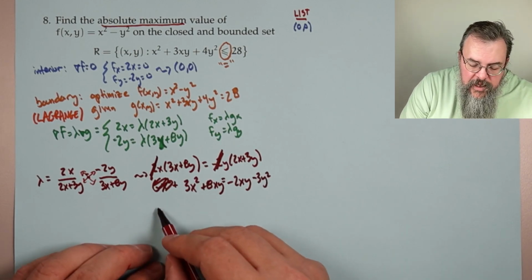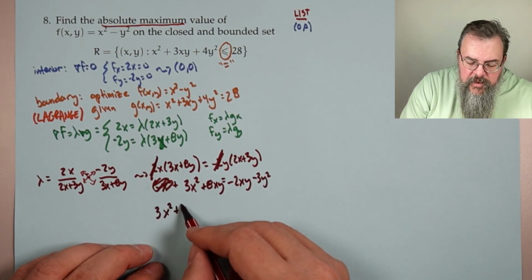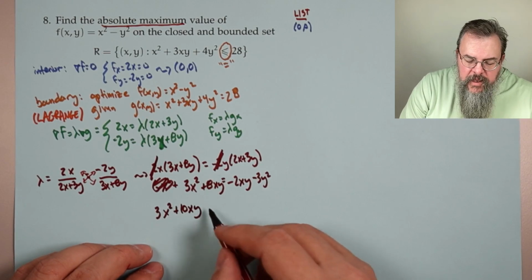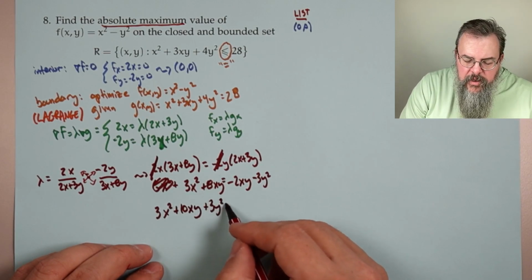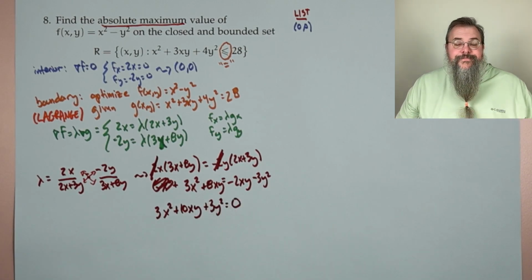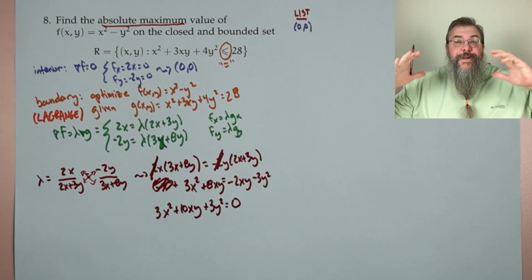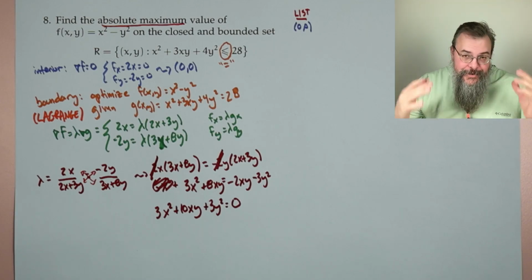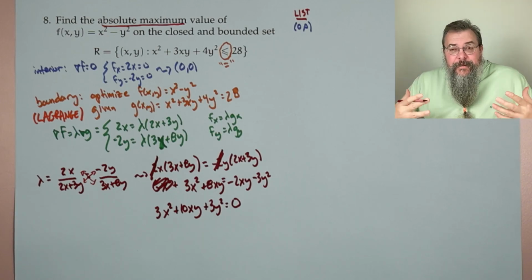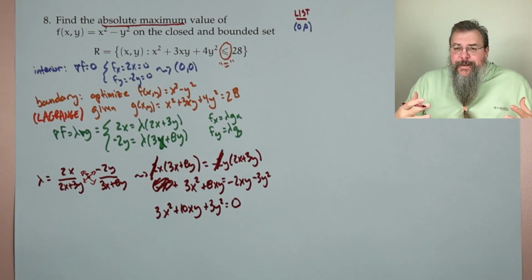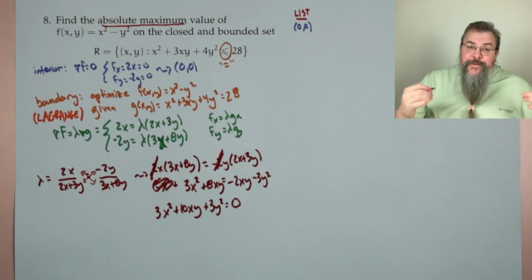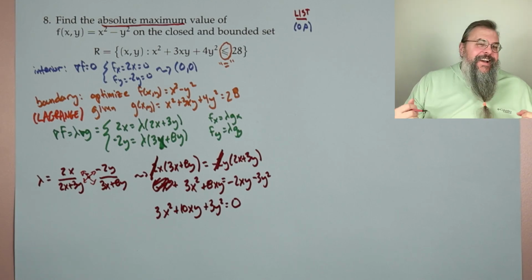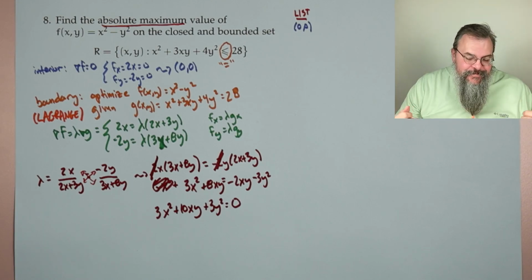Or all on one side, 3x squared plus 10xy plus 3y squared equals 0. Now, if we've lived a good, clean algebra life, this should factor. And looking at it right now, maybe we haven't lived such a good, clean algebra life, Steve. This is not looking the best.